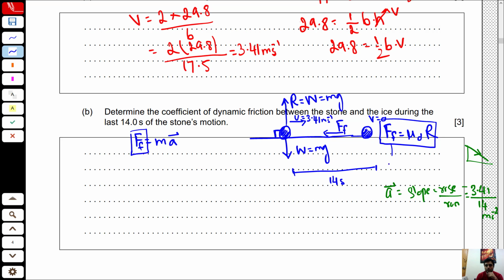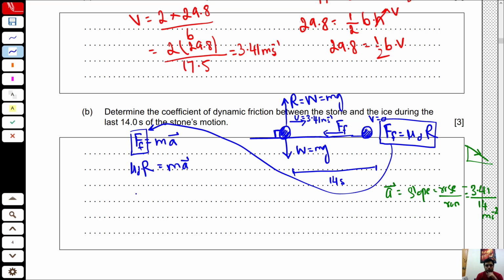Let's do that. So this F can be replaced by the coefficient of dynamic friction times R, and it equals mass times acceleration. So just copy this down there, substituting this F into this F.